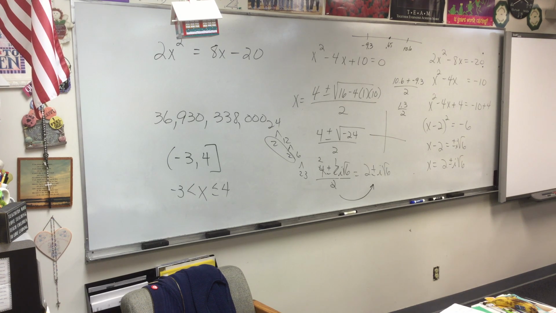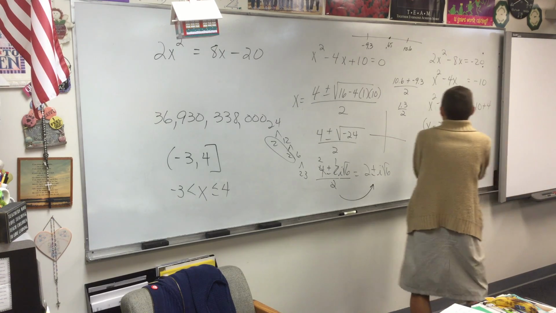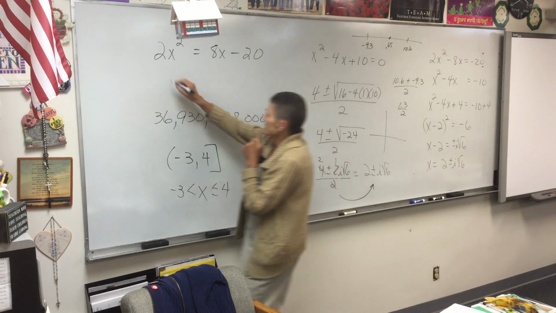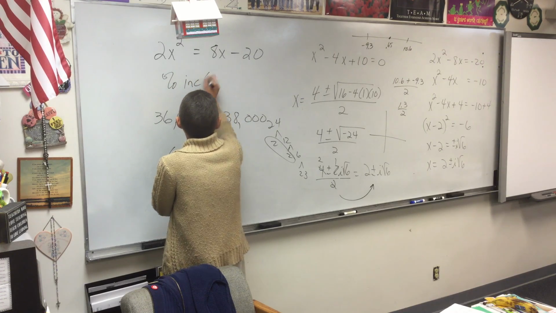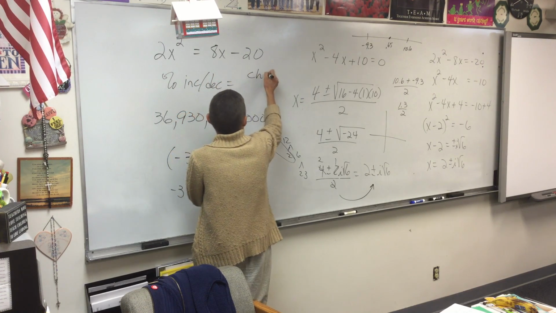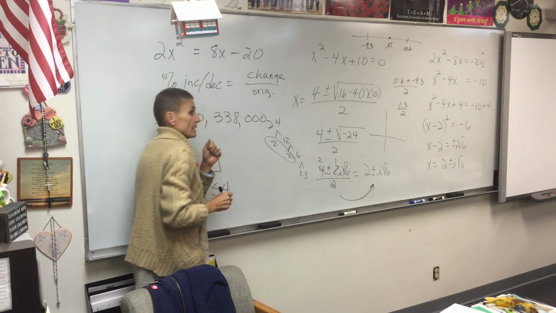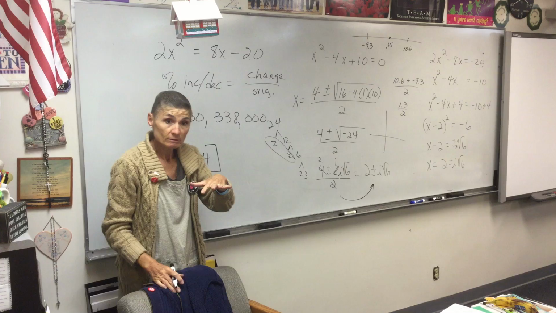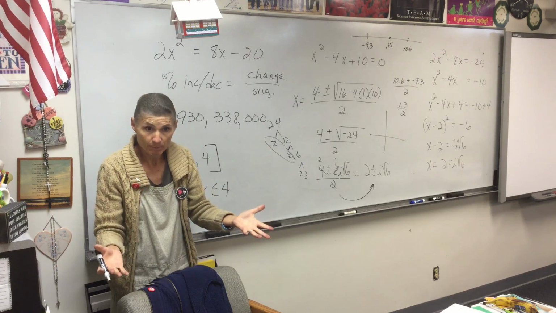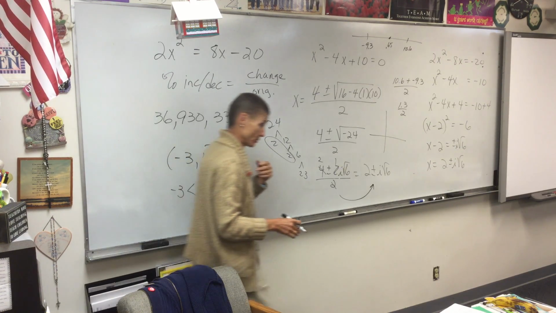Anybody remember? There's like a little formula for it. It's the change over the original. So percent increase or decrease is change over original. If it's going down, then it's obviously a percent decrease. If it's going up, it's an increase.